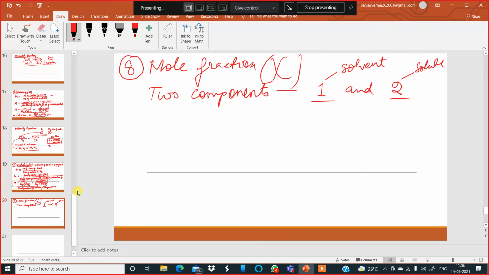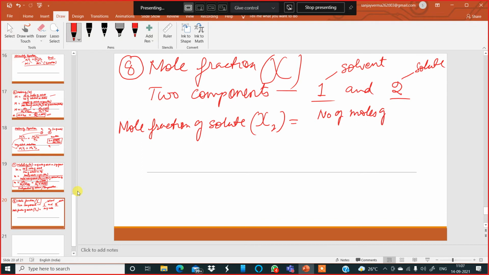The mole fraction of solute, chi2, is equal to the number of moles of solute, N2, divided by the total number of moles.